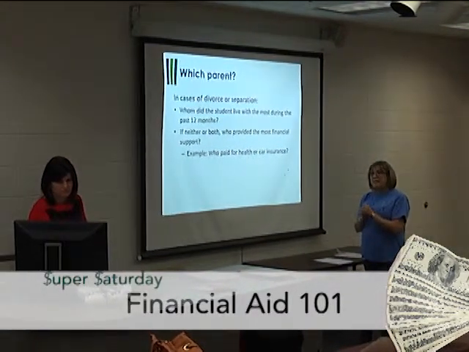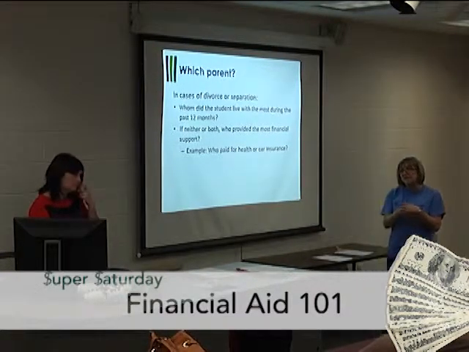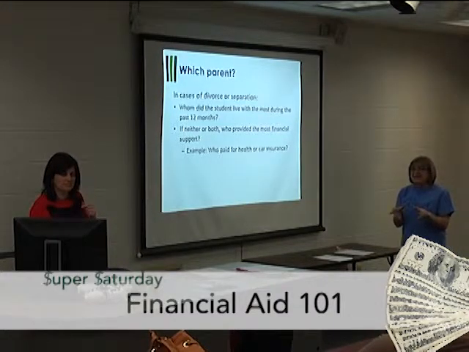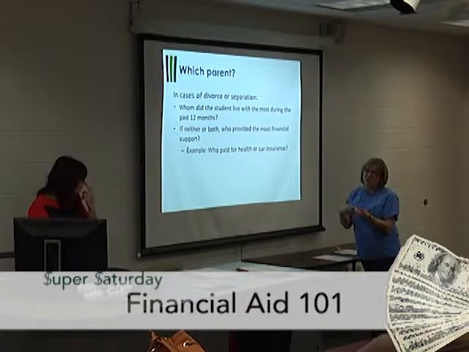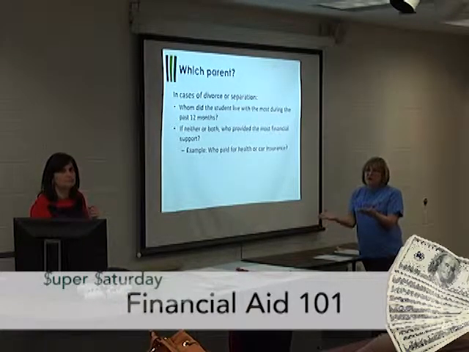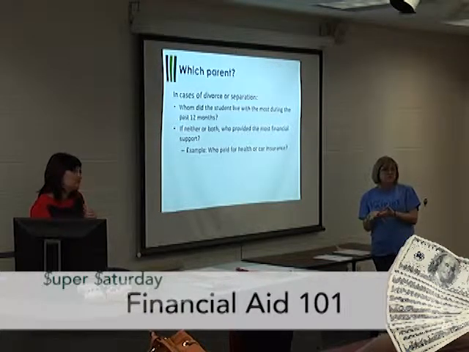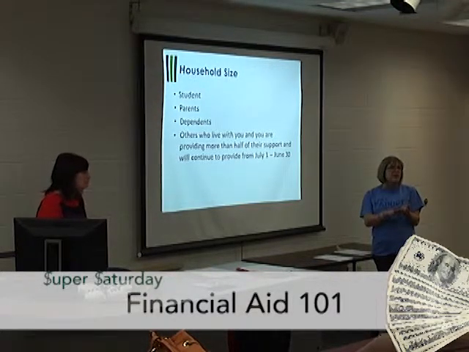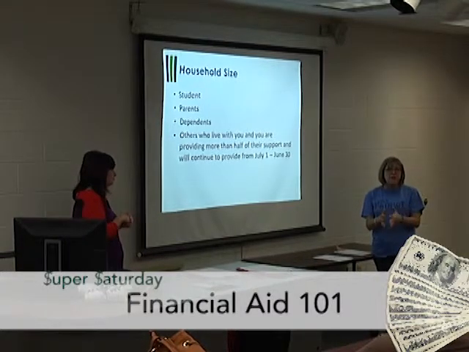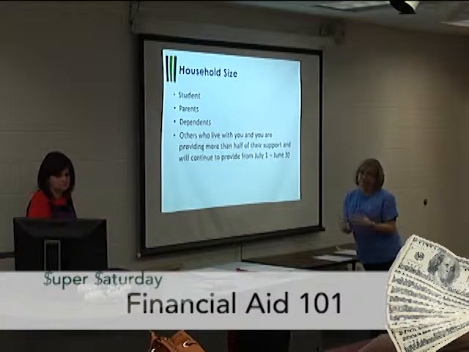So if, for instance, they divide things, then you have to come up with some kind of equation as to who paid the most, and it might be who paid for your health or your car insurance. So there's ways that you can determine who paid the most, who was the one that contributed the most to your well-being and your upkeep, basically.